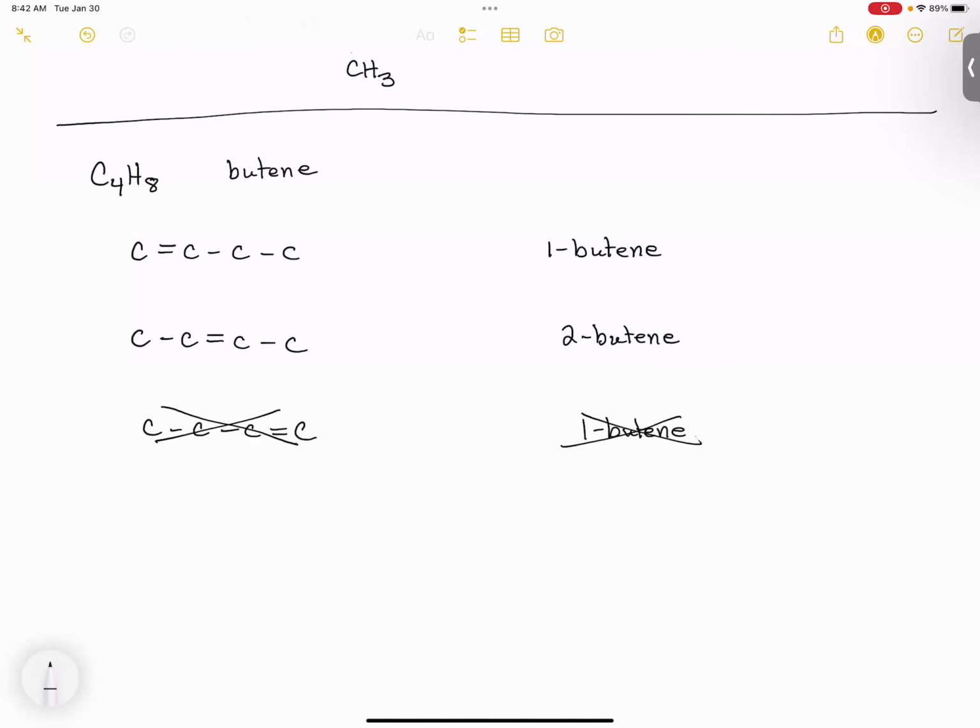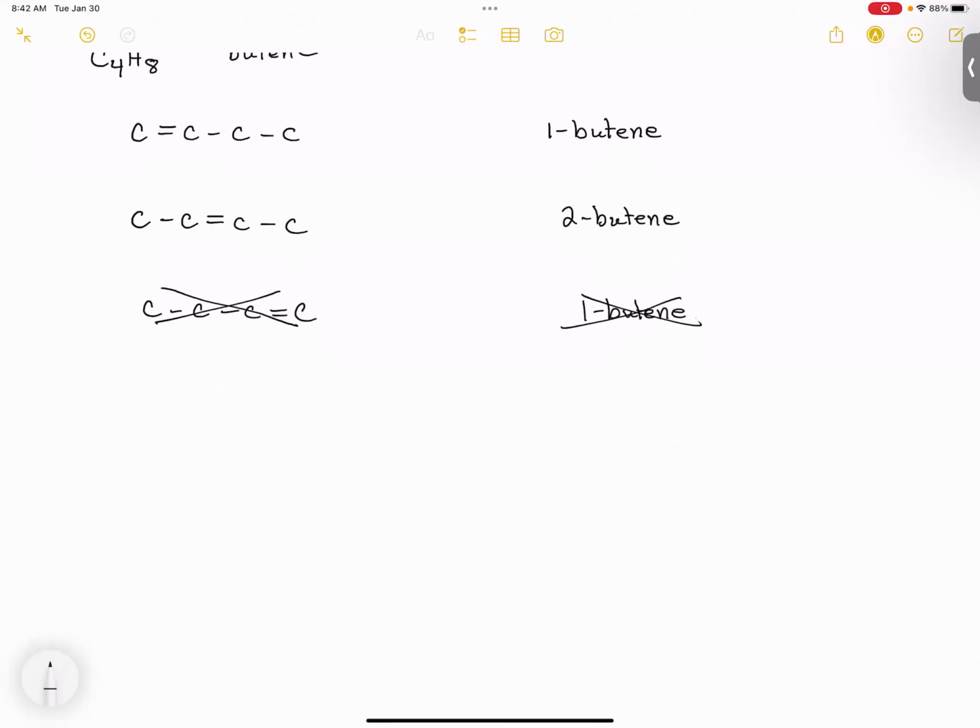So once I've moved my double bond, then I start moving methyl groups around, by chopping off one of them. So this would be 2-methyl 1-butene.